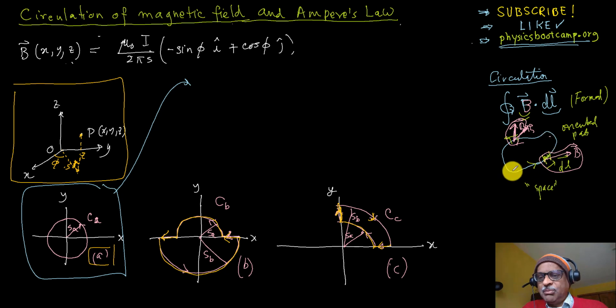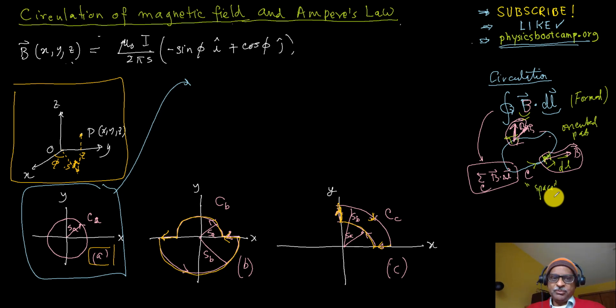You can imagine breaking this up into small pieces, so this is basically the sum over B dot delta l's over this whole path, over circuit C.